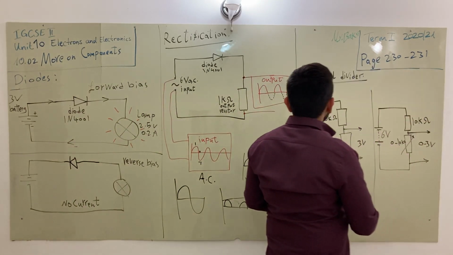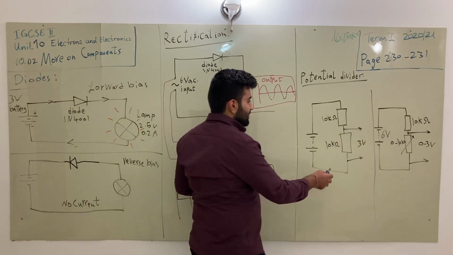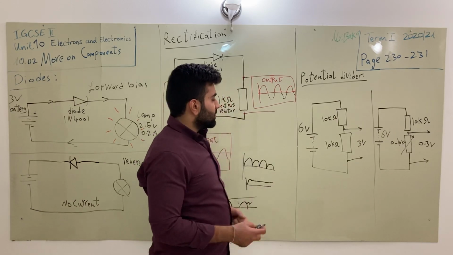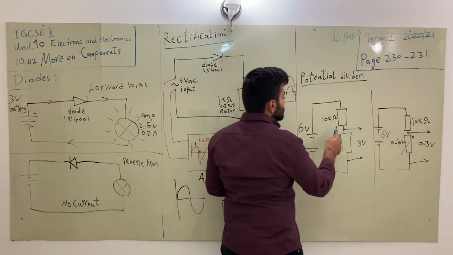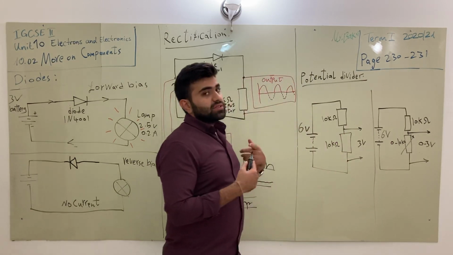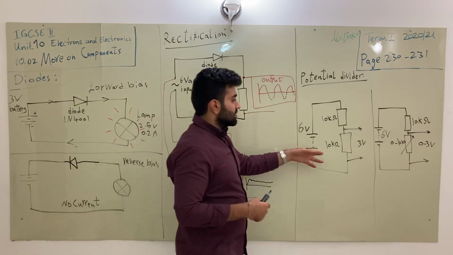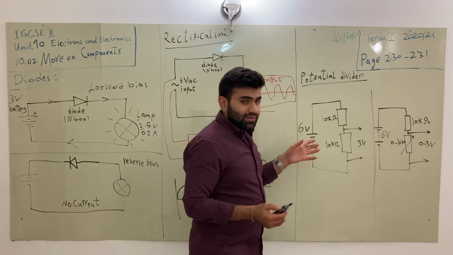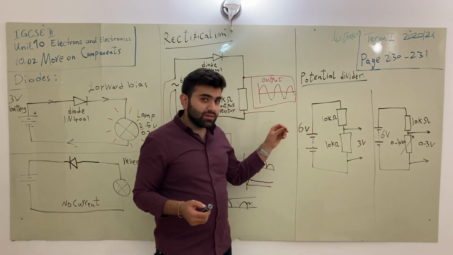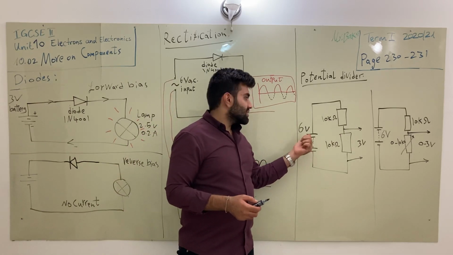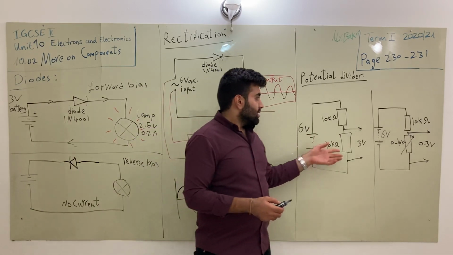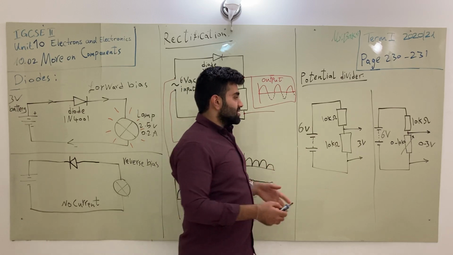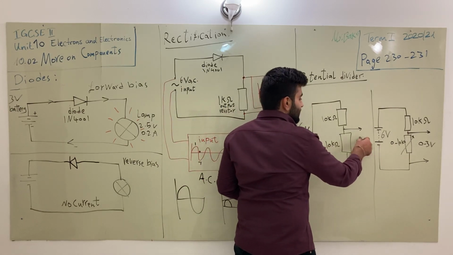Go back to the potential divider. Now we have a 6 volt power supply, battery or cell, and two resistors, 10 kilo ohm and 10 kilo ohm, connected in series. If you remember, in series the voltage is shared: the resistors share the potential difference from the cell. Here with 10 kilo ohm and 10 kilo ohm, if we put a voltmeter here, it will give us 3 volt.